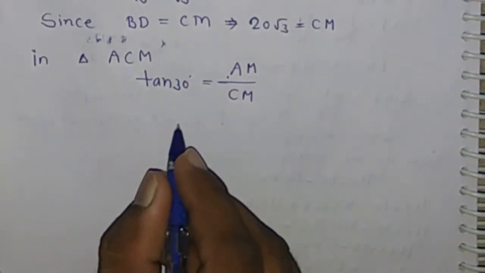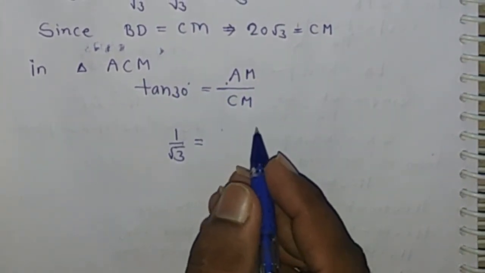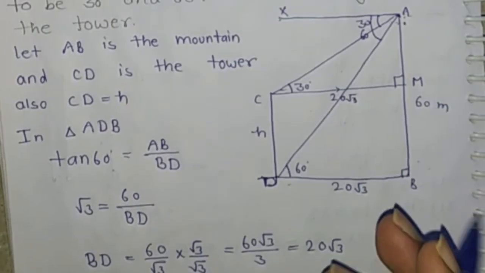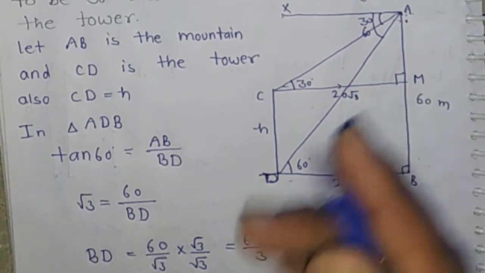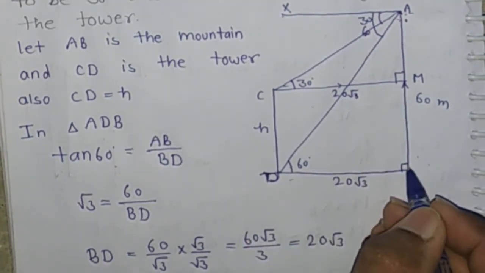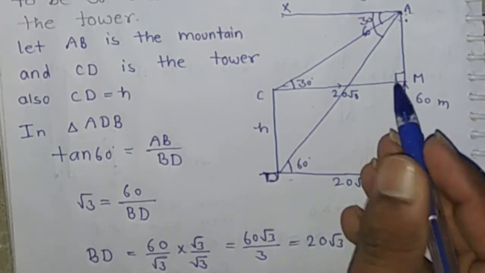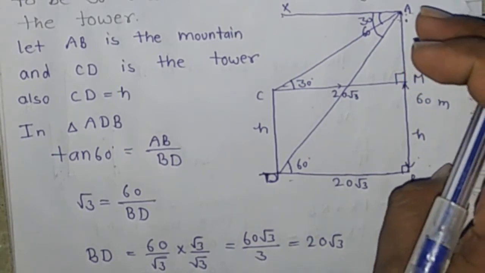Tan 30 is 1 by root 3. AM is equal to AB minus BM. BM is equal to CD, means it is equal to small h. Then AM equal 60 minus h.